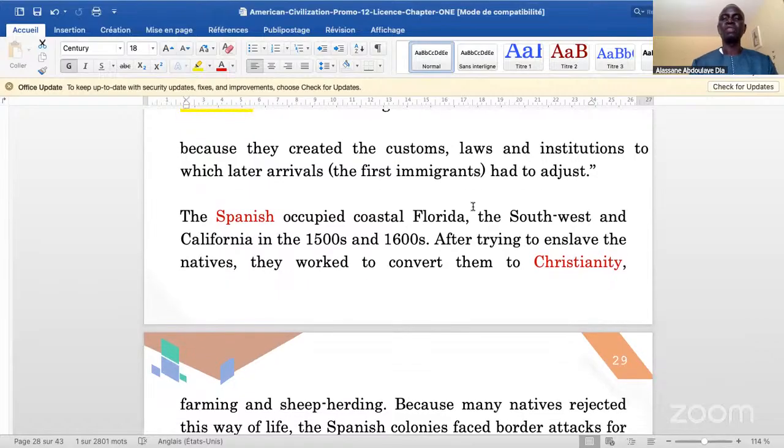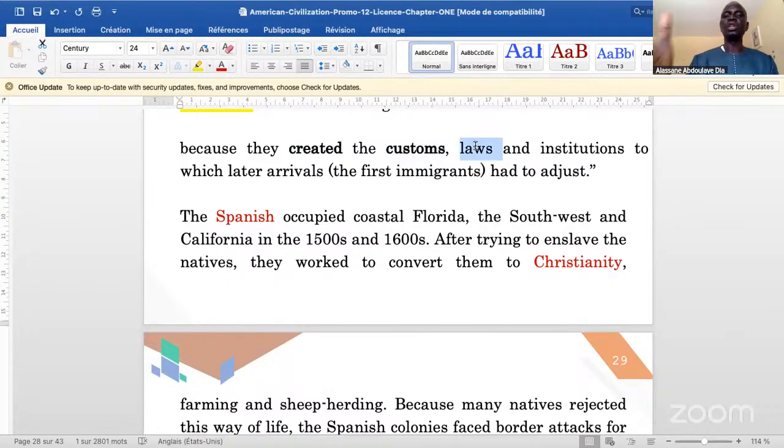We should call them founders because they created the customs, les coutumes, because they created the laws, and they created the institutions to which later arrivals, the immigrants, had to adjust. And all this, they did it for the next generations, the generation of immigrants and everything.